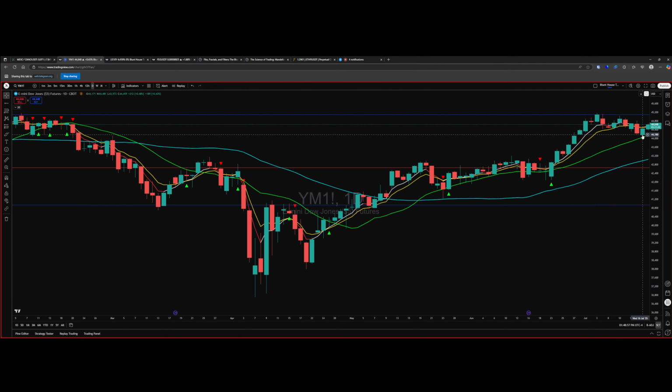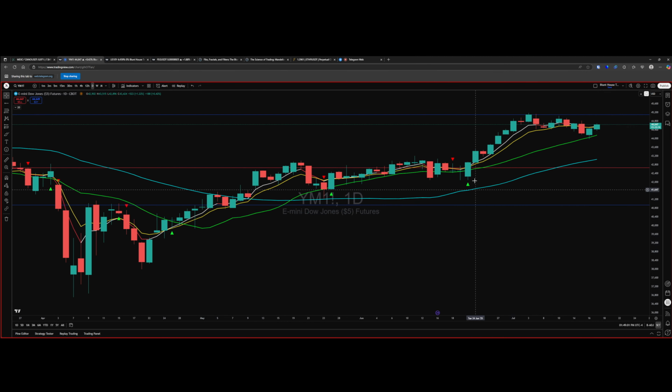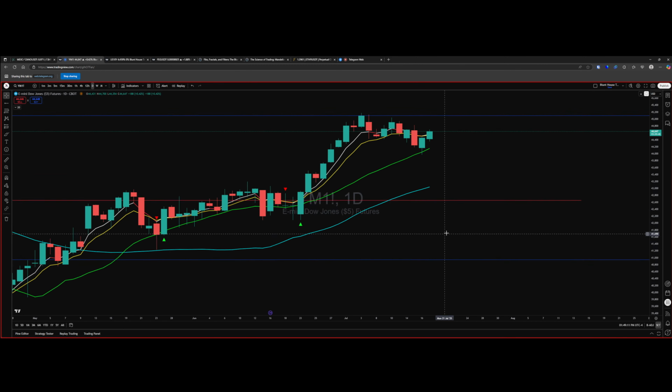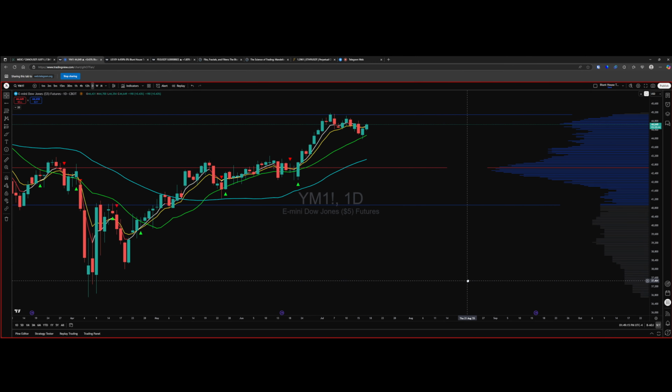Right? That was yesterday, here's today. So we were talking about this in real time. We roll over, do we get a continuation off the 20? That's what we spoke about. Or does price break the 20 and then look for the 50 to the downside? It took option 1, right?